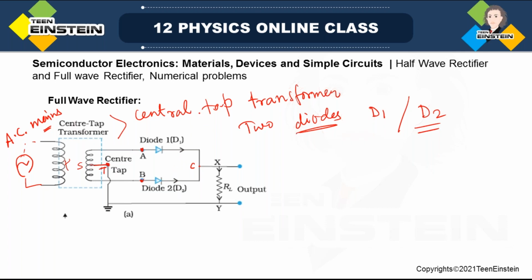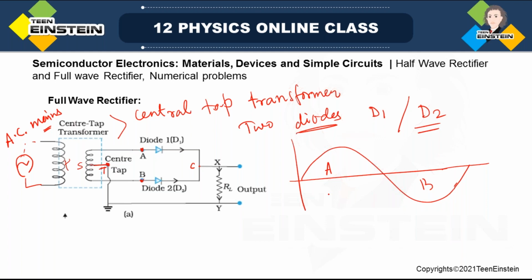Now look what will happen in this case also. When we feed the AC signal, suppose in the first half cycle, A is positive and B is negative. Okay, first half cycle. So then what will happen?